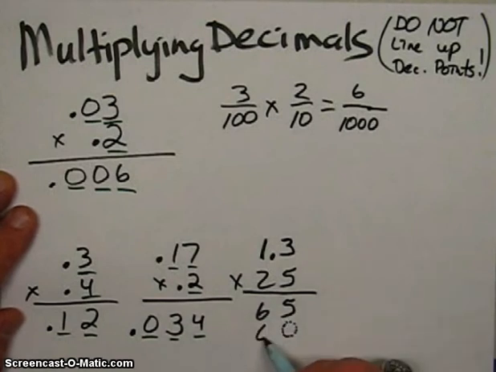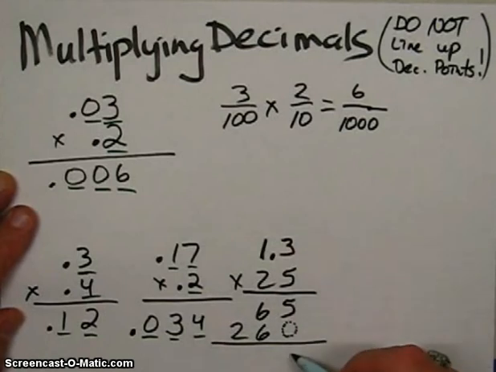2 times 3 is 6. 2 times 1 is 2. And draw a line. I want to add this all together. 5, 12, carry 1, 3. Now, there are a total of, wait a second, that number doesn't look like it has a decimal point. But it does have one.